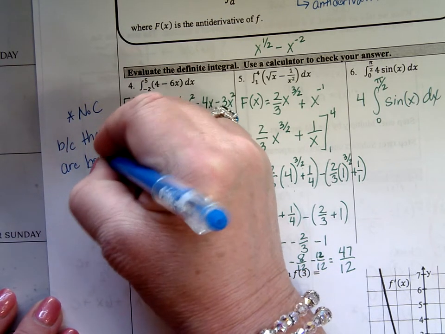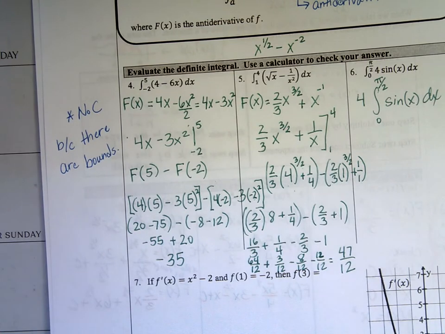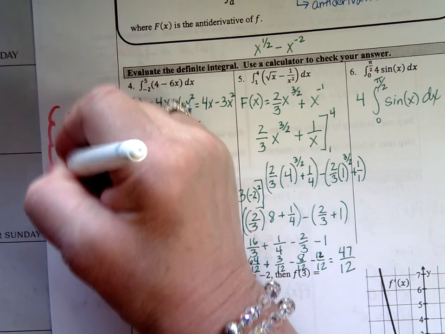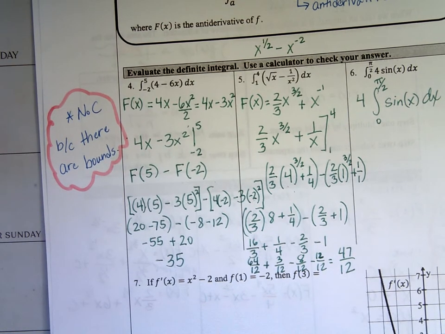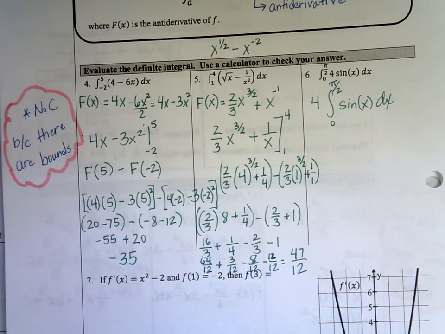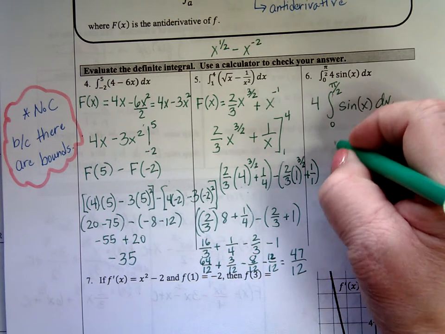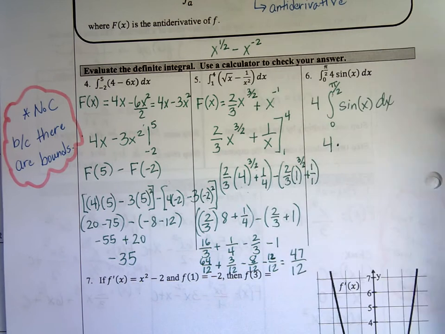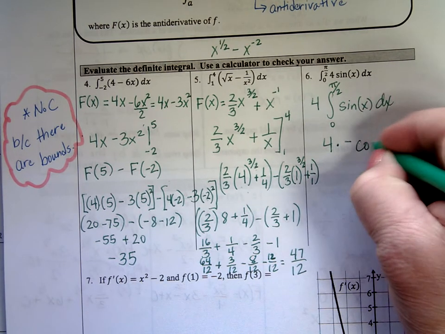You are specific with this one. When they give you the bounds, they're telling you that you're looking at just a certain portion of the graph and you don't care about what's going on in another location. Where the other one's more of a general formula for the integral, which is why you need the plus c. All right, anyway. So I have 4 times, in my problem, we said that the integral of sine was negative cosine of x.